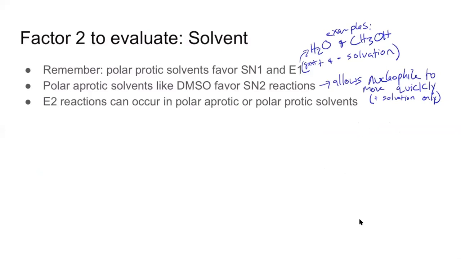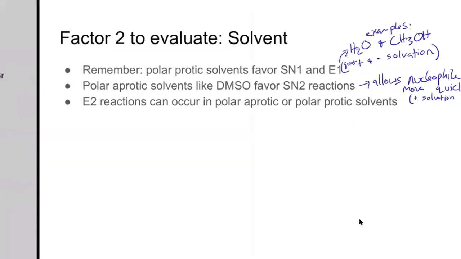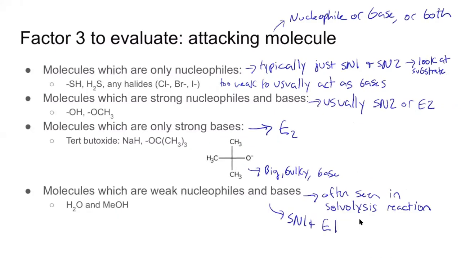E2 reactions do not have a nucleophile per se. They just have a base that takes the hydrogen. That reaction looks like it has a lot less steric constraints than SN2. In addition, we talked a little bit about the bulky bases that are frequently used in E2 reactions, such as, trying to find it. Oh, there it goes.